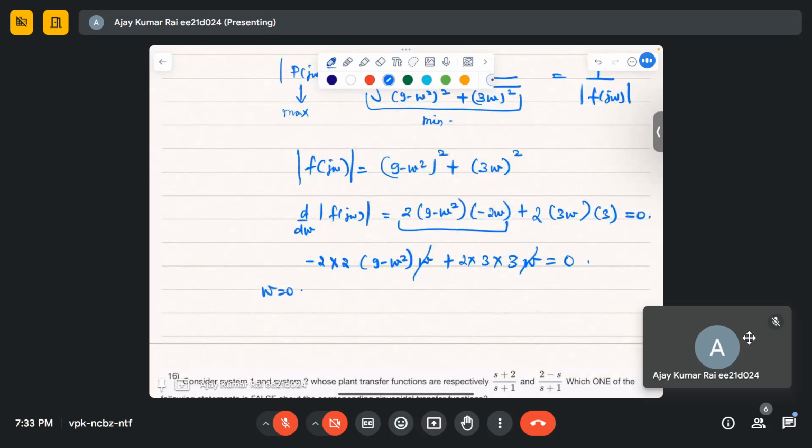So this is at this one particular frequency. Let's find the other value of omega. You'll get minus 2 into 2, 9 minus omega square, and if I take it on that side it becomes positive, equal to 2 into 3 into 3.